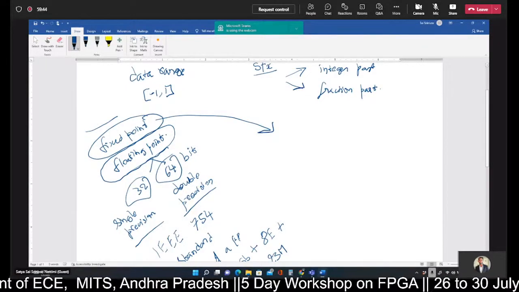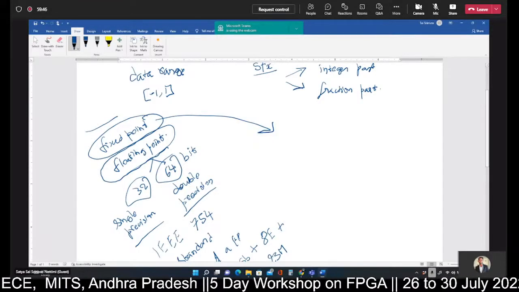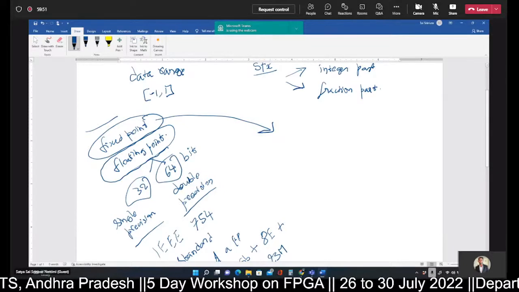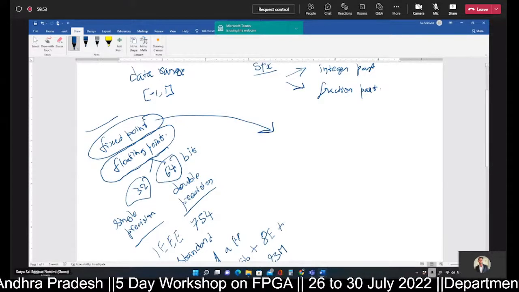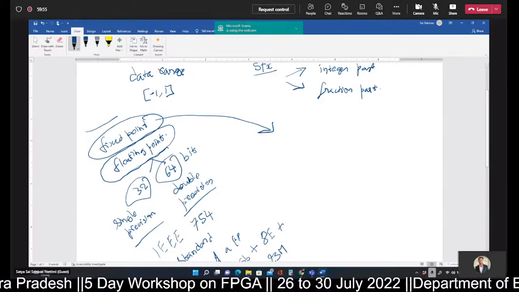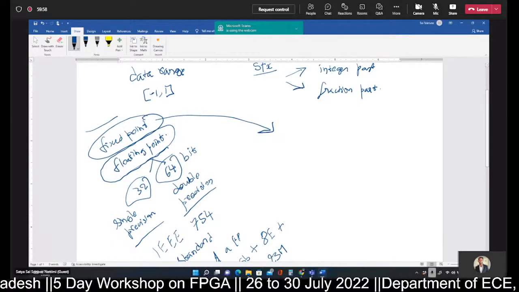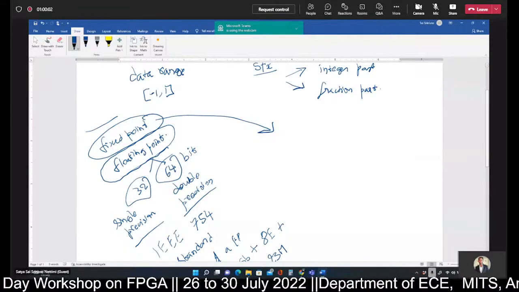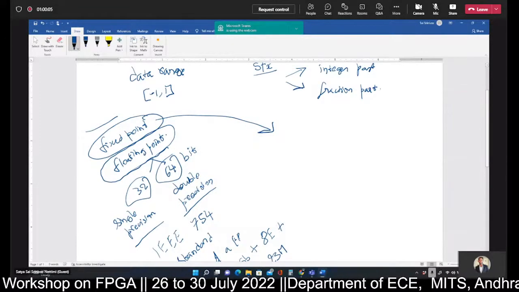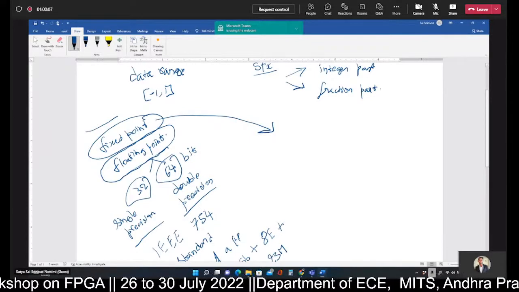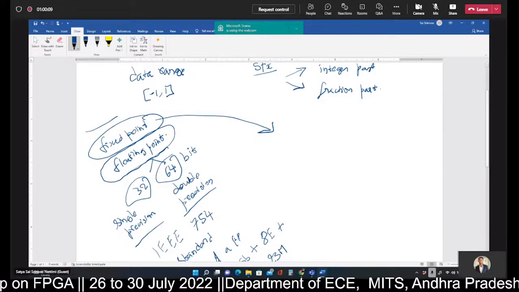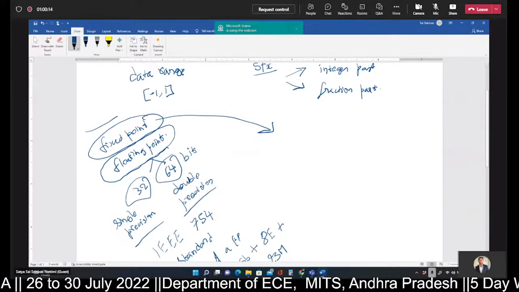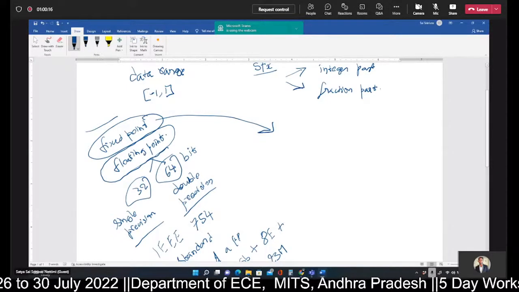The only thing is that in floating point, sorry, in the fixed format the position of the decimal point is by default fixed. The point will not move anywhere else, so all the operations can be computed without any difficulty. But in case of fixed point, as the name suggests, the position of the decimal point is fixed by the user.